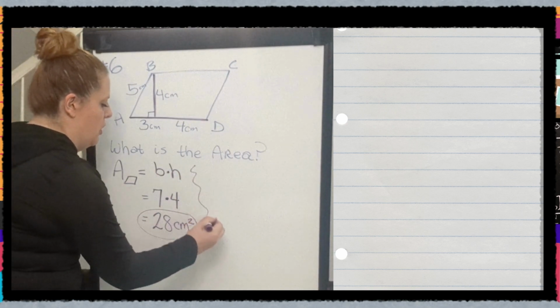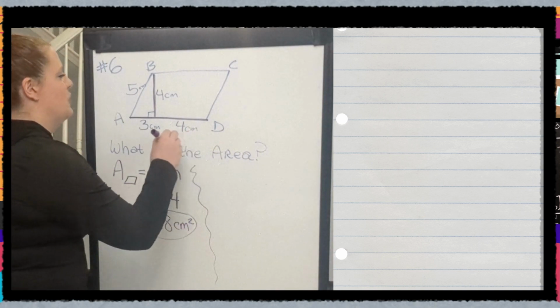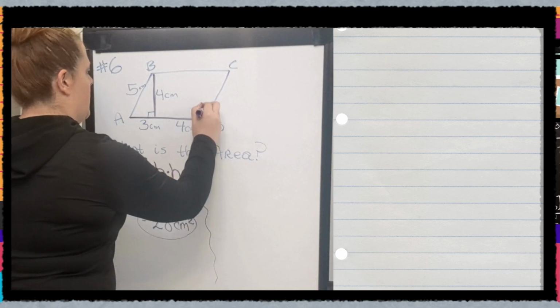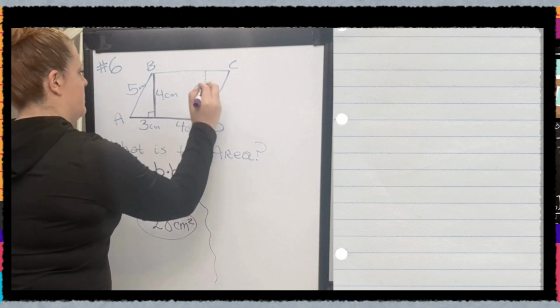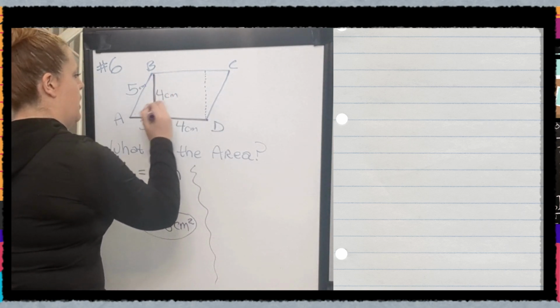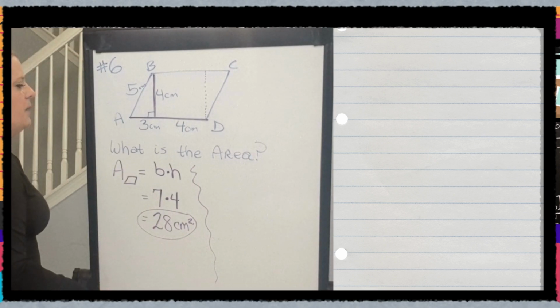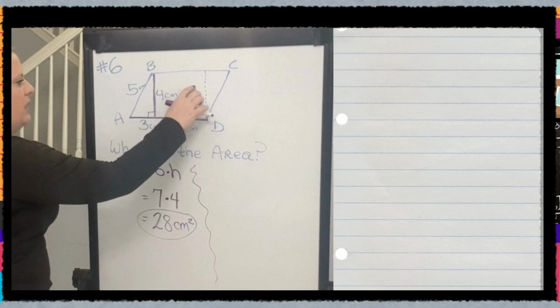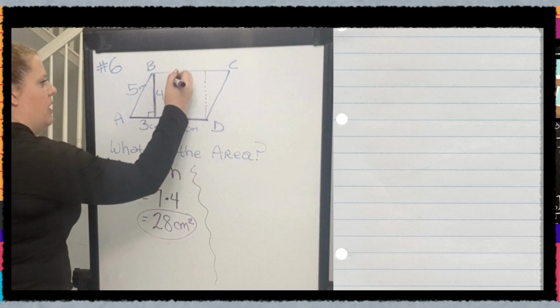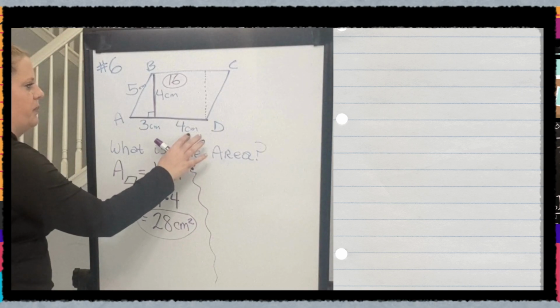If you don't know that formula, then you could break this up into two triangles. This triangle and this triangle are going to be identical to one another. You can find the area inside of this square. 4 times 4 is 16, length and width.